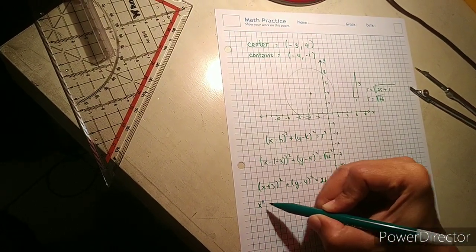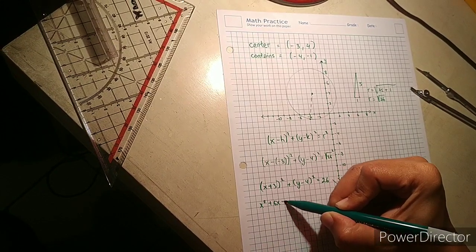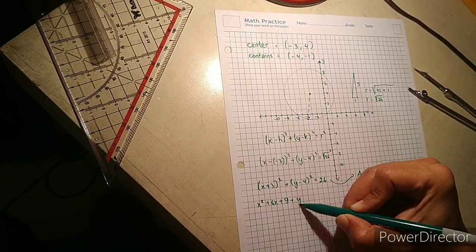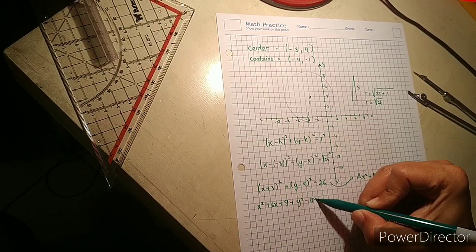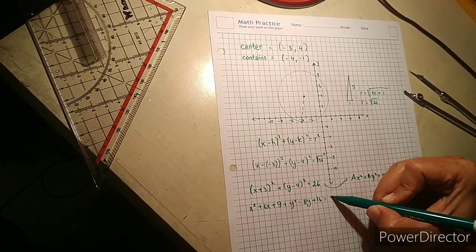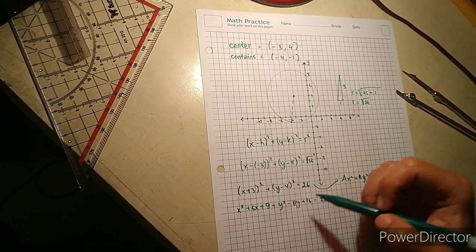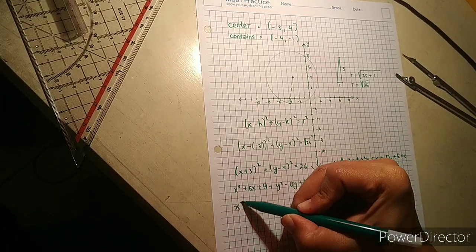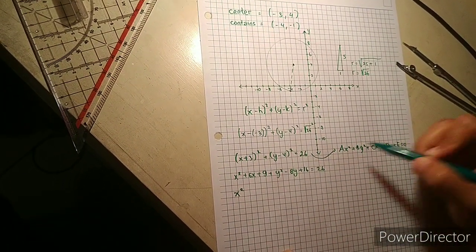So we have x squared plus 6x plus 9 plus y squared minus 8y plus 16 equals 26. Next, just make the order almost the same as this one.